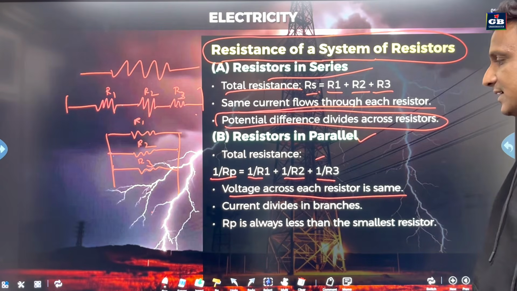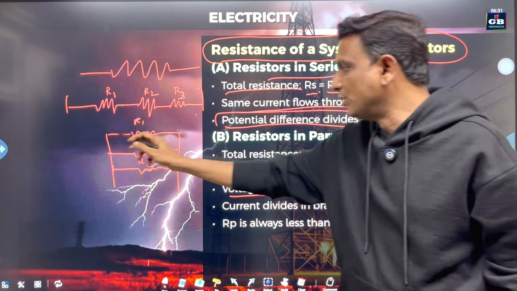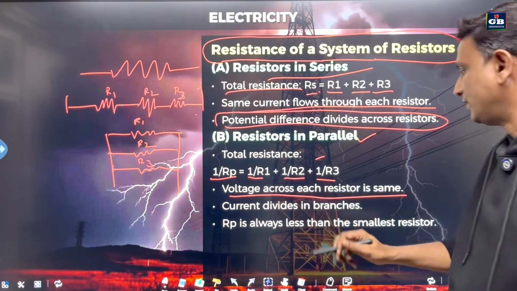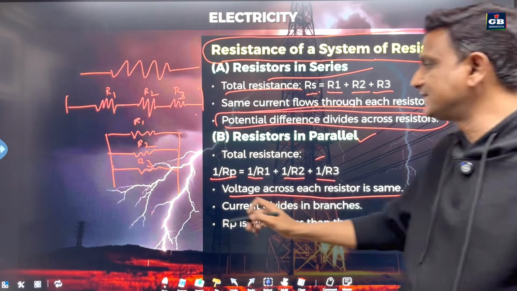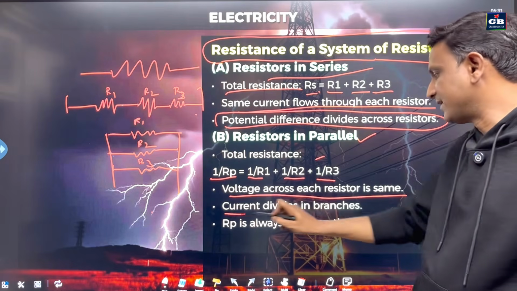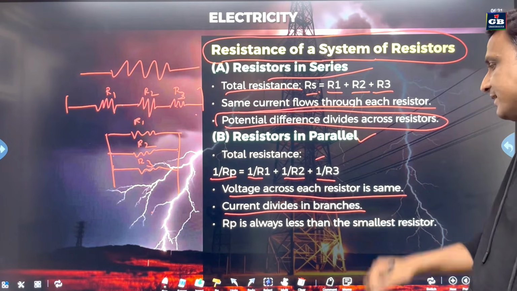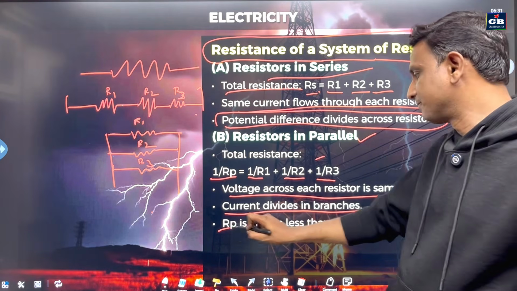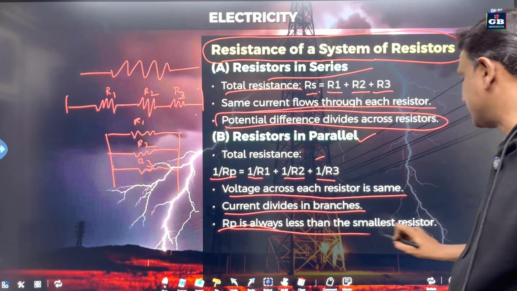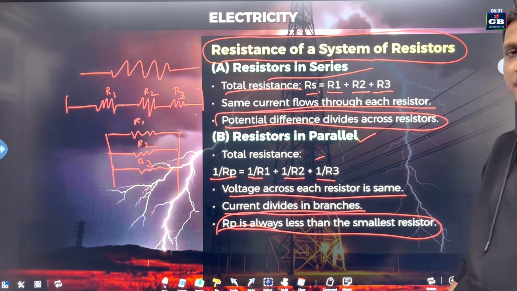But in parallel, the potential difference is maintained the same. Current divides in branches. So Rp is always less than the smallest resistor in the case of resistors in parallel.